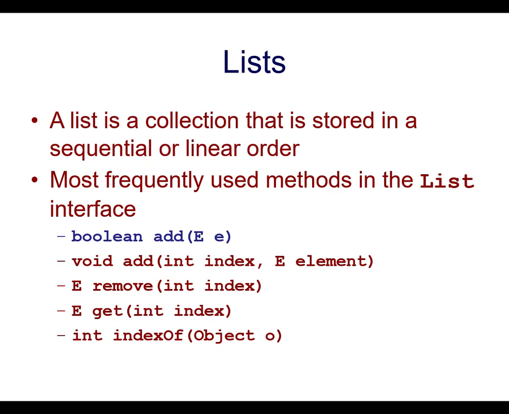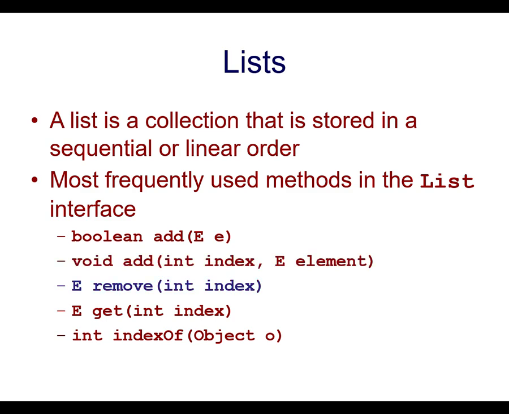Notice that the type E indicates that this interface is a generic one. Although the return type is Boolean, the return value has no significance because it always returns true. The next add method inserts the element at the position specified by the first parameter index.